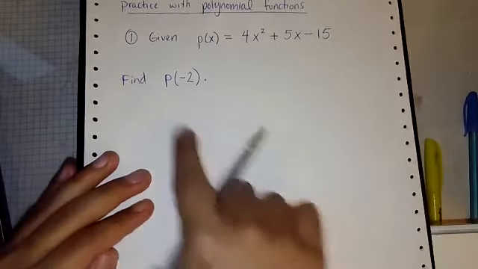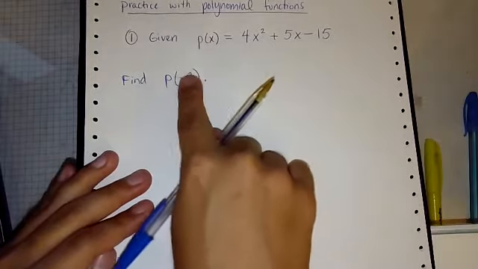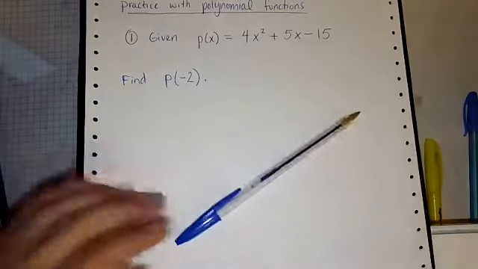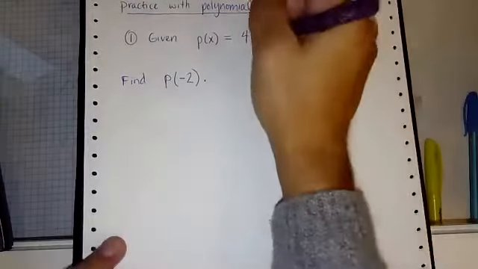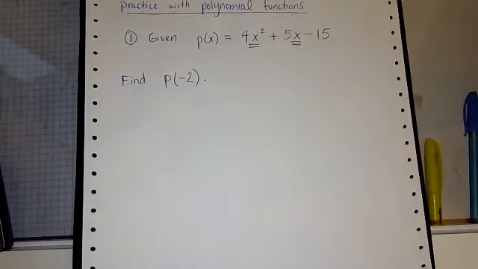Okay. Well, this is primarily what they're asking you to do. Again, they're saying plug negative 2 in for the x in this expression, and then simplify the expression.